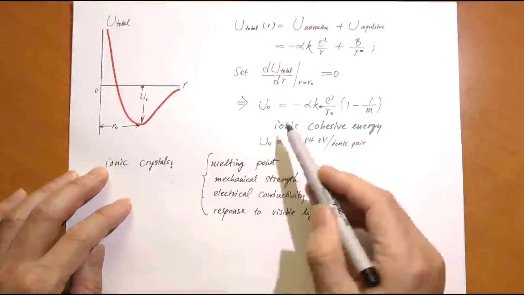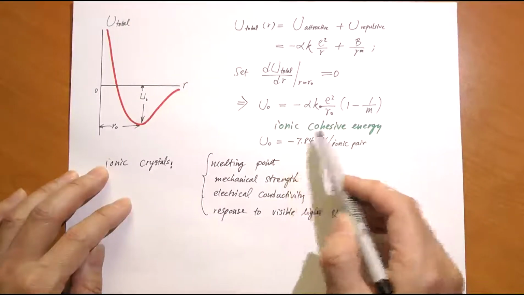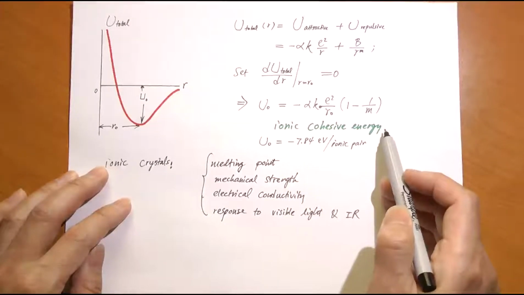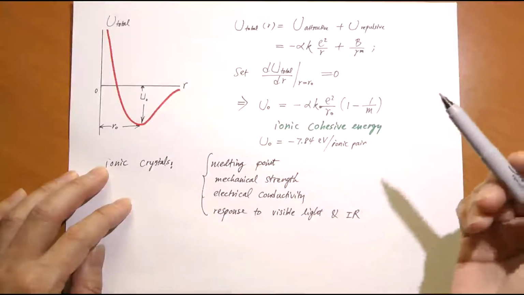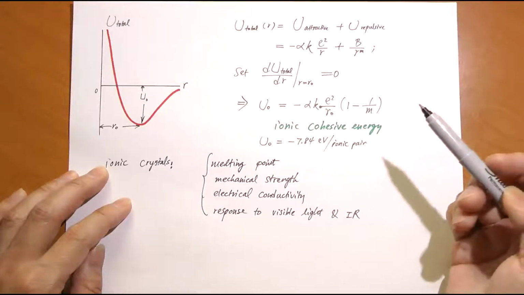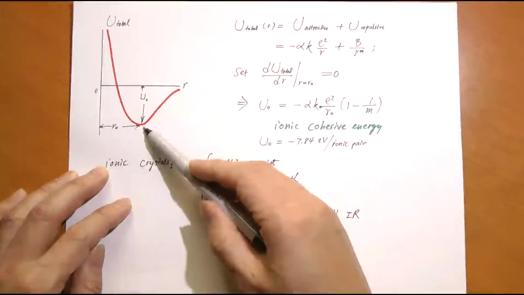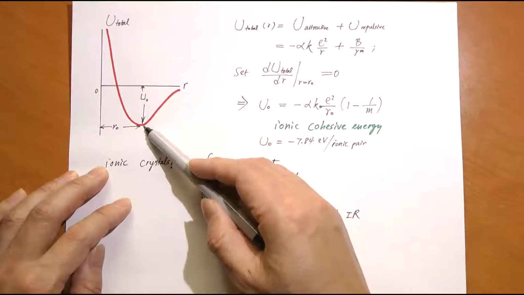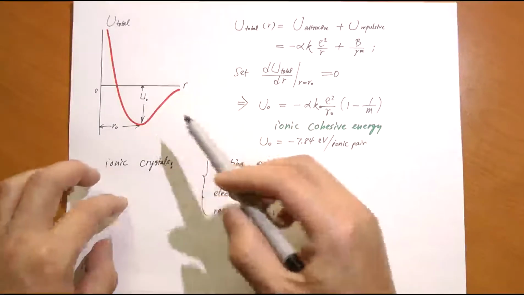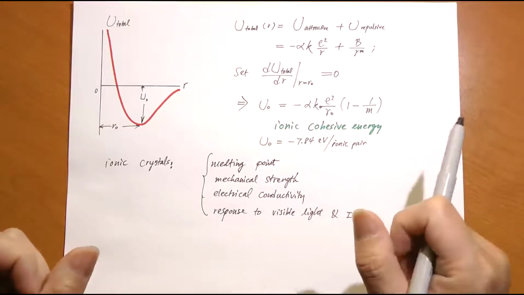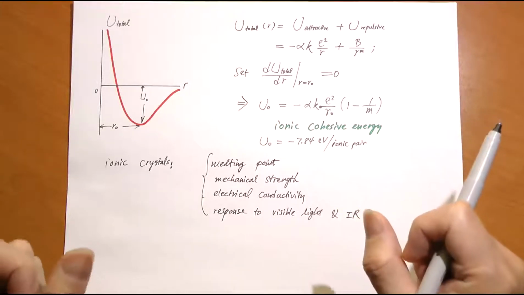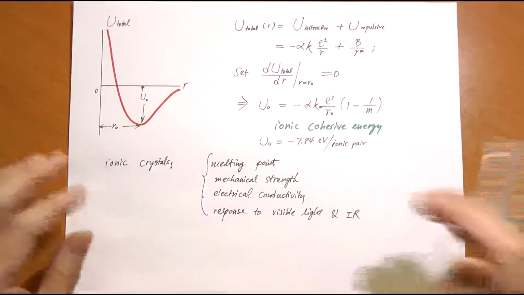This energy is called ionic cohesive energy. What does that mean? It means that when the crystal reaches equilibrium, the neighboring ions are separated by R naught, where the energy is the lowest. But suppose you take all these ions from the entire crystal and separate them all to infinity, then R becomes infinity.